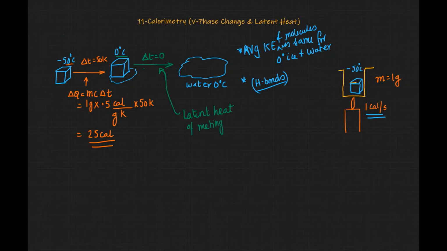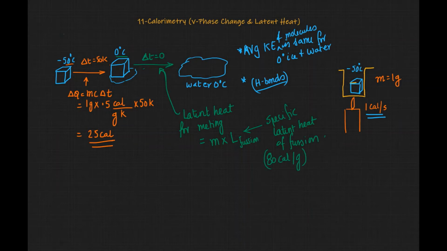And that is given by M into L, and we call this L of fusion. This is called specific latent heat of fusion, and this value is about 80 calories per gram.